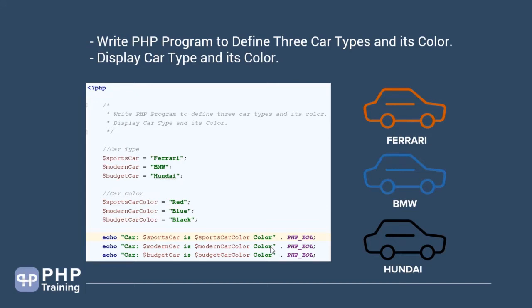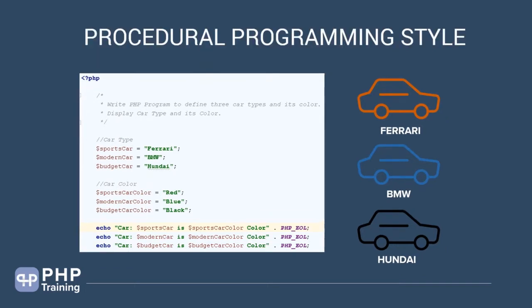There's no programming style or programming pattern in this. And this style is called procedural programming style. Till now, if you have been writing this, then OOPs will help you to simplify your code, and it will help you to increase the reusability of the code and help you understand how to write modular coding. Okay, so let's understand that.